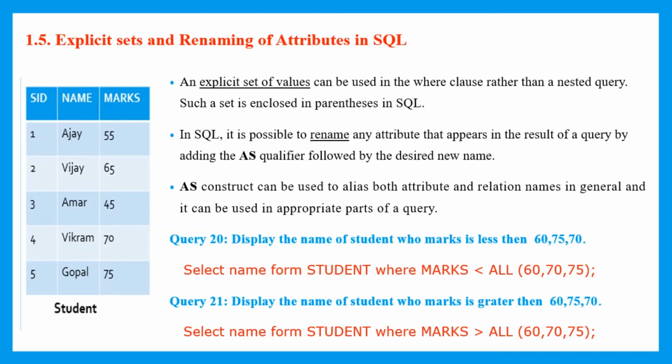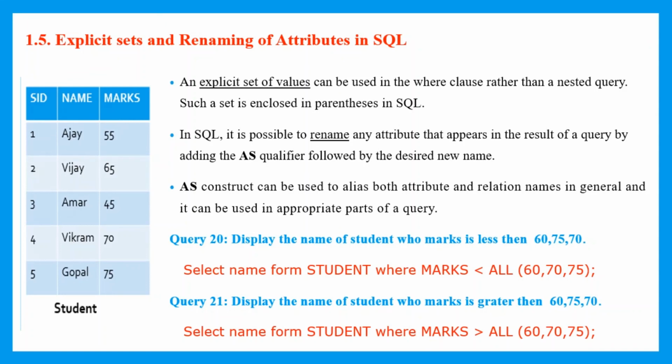In SQL, it is possible to rename any attribute that appears in the result of a query by adding the AS qualifier followed by the desired new name. The AS construct can be used to alias both attribute and relation names in general, and it can be used in any part of a query.